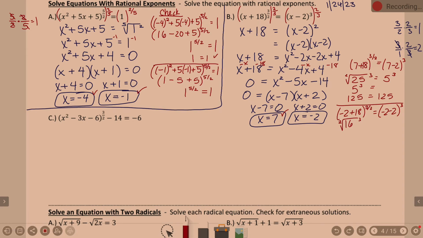The square root of 16 is 4, not half of 16. Guys, focus, please. 4 to the third is 64. Negative 2 minus 2 is negative 4. Negative 4 to the third is negative 64. So this does not work in the original problem.